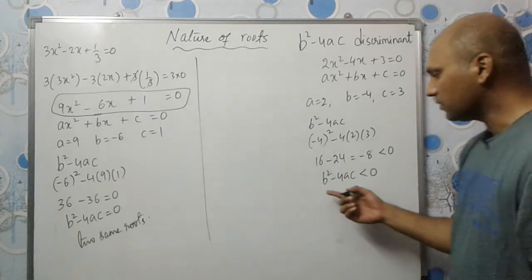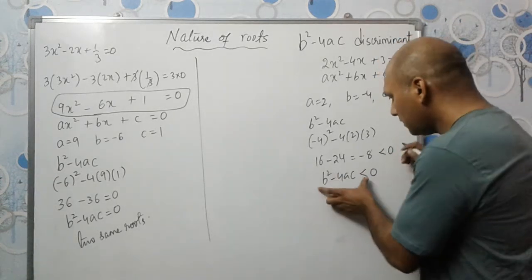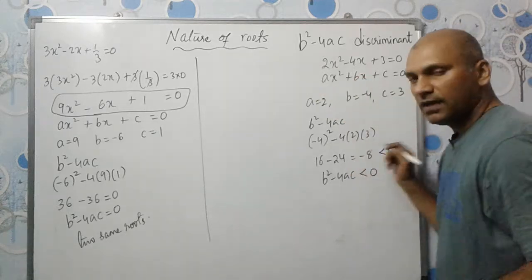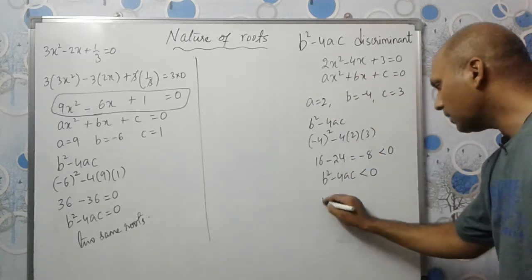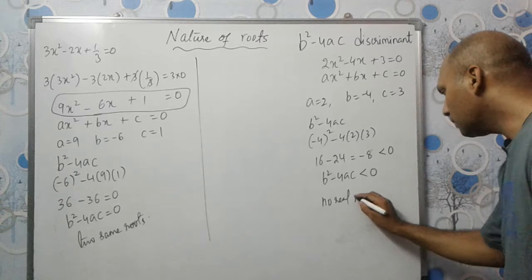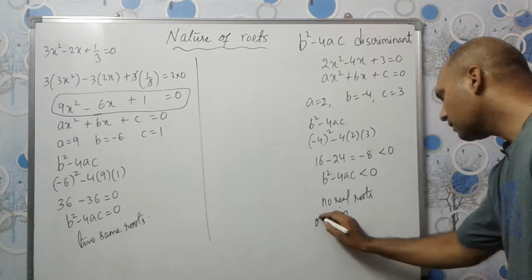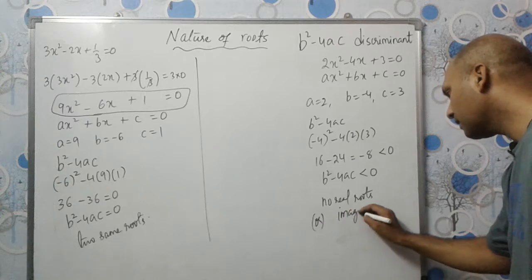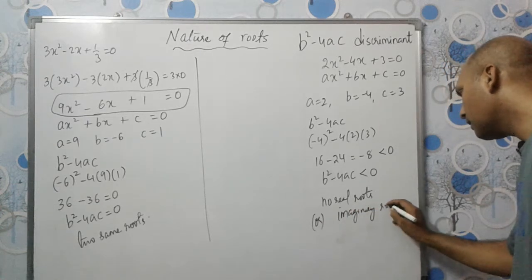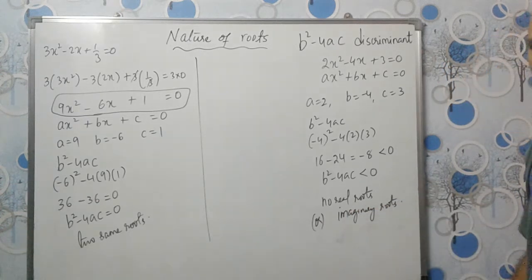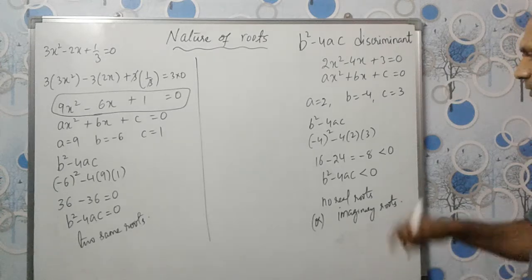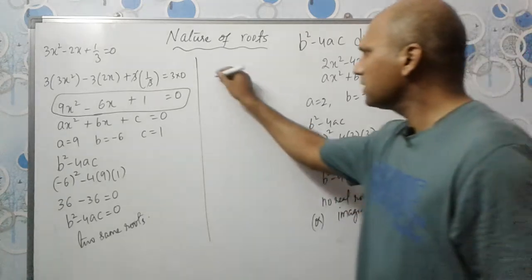This is less than 0, which means b square minus 4ac is less than 0. If it is less than 0, we learned that this equation will have two imaginary roots, or we can say no real roots exist, or the equation will have imaginary roots. Okay, I hope you understood this. Can we find the roots?